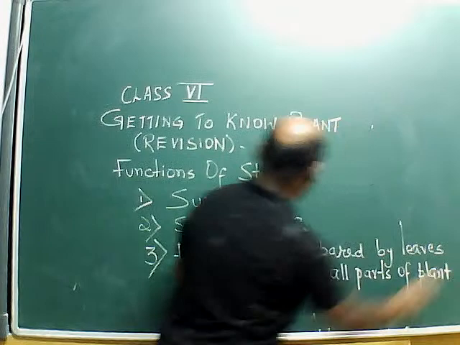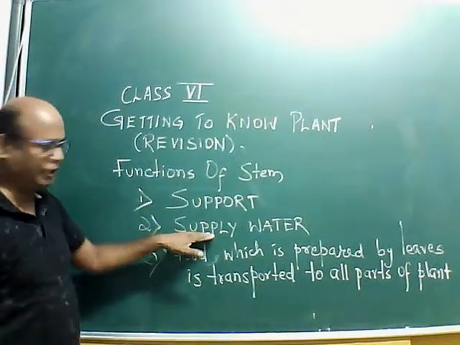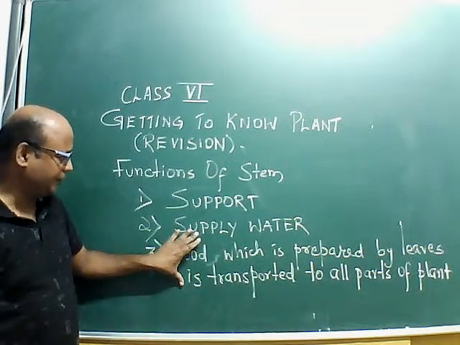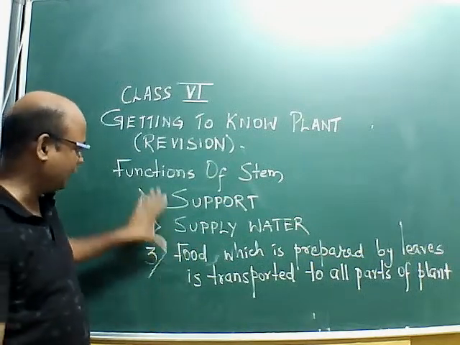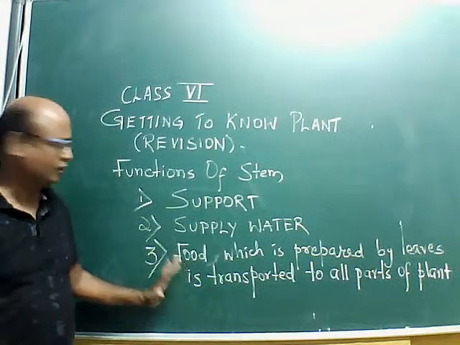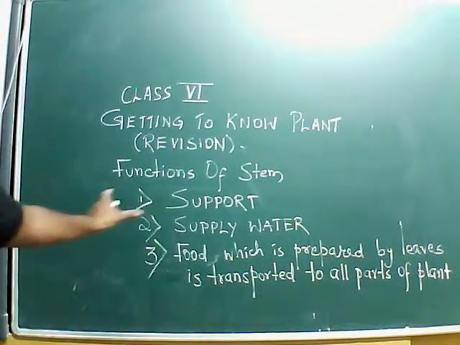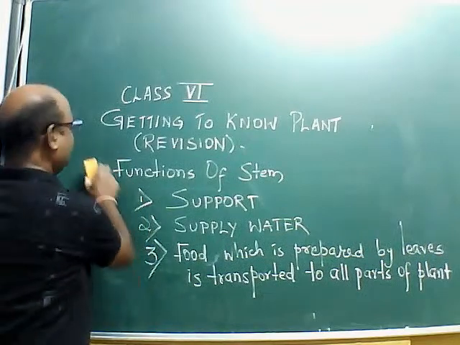Is it clear? Water which is absorbed is supplied to all the parts of the plant through the stem. Food which is made by the leaves is transported to all the parts. That is called transportation, and it gives support to all the parts. These are the three general functions of the stem.